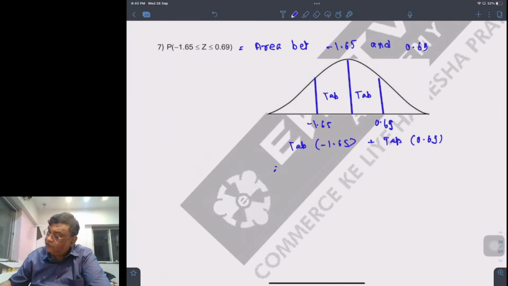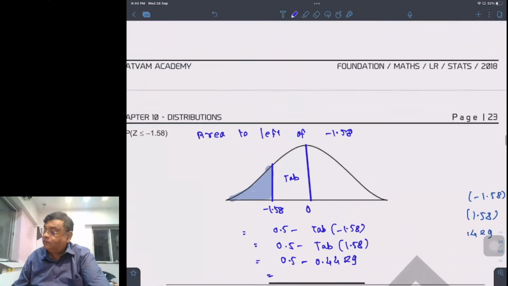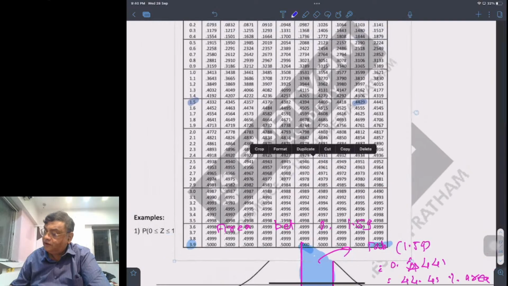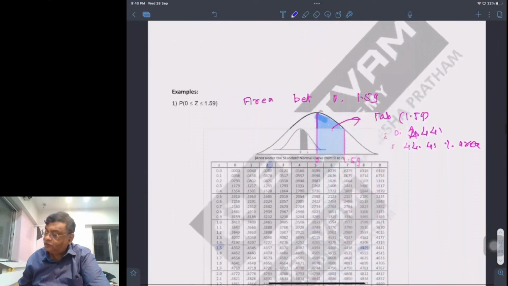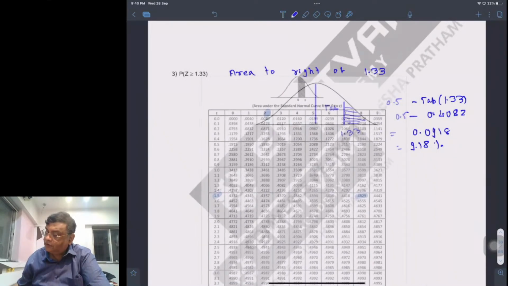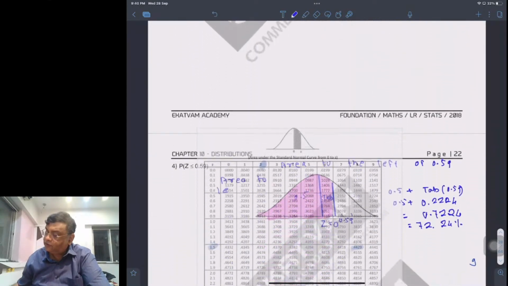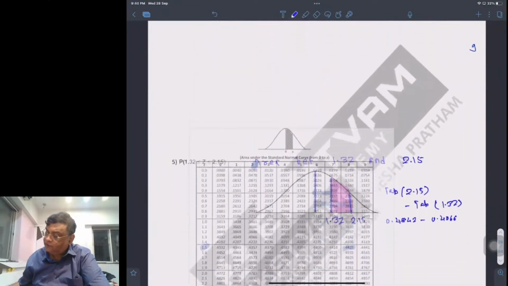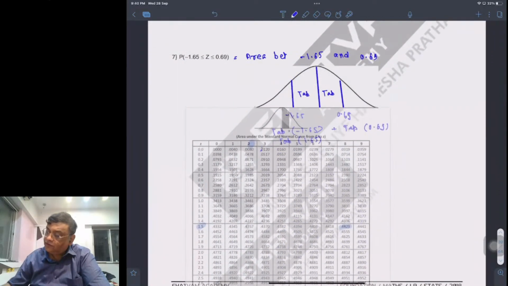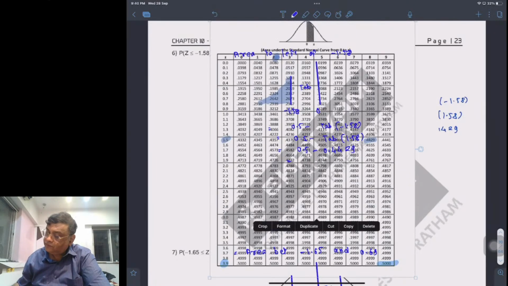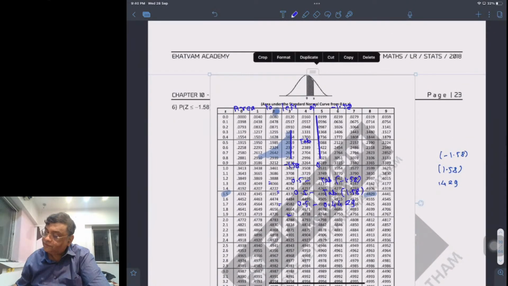But mind well, this is same as table value for positive 1.65. Now 1.65 के लिए अगर टेबल वैल्यू देखेंगे तो तुमको क्या मिलता है? What we get is something like this. Stay focused.